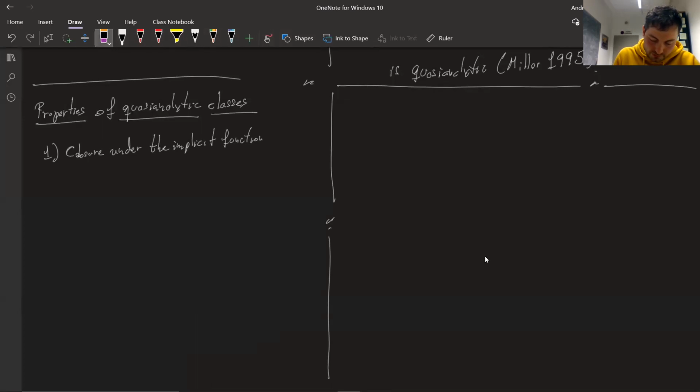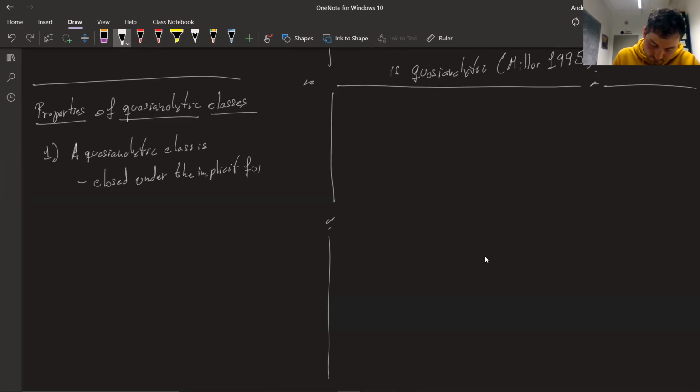Write this in a precise way, just as I wrote in my notes: the class is closed under the implicit function theorem and by partial differentiation.